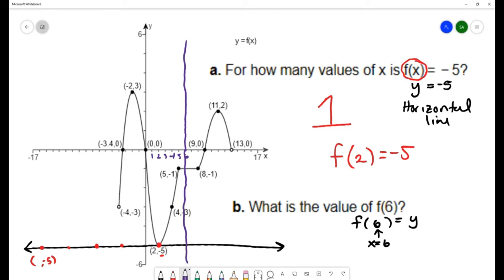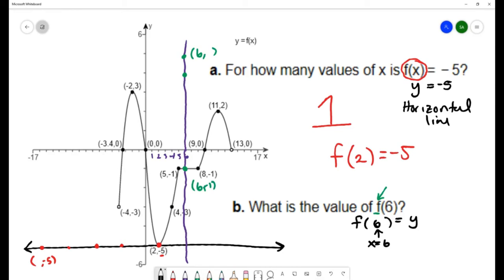And this vertical line represents all of the ordered pairs that have an x-coordinate of 6. But we're really only interested in the ones on the graph in f of 6. So we only have one that's on the graph here. That ordered pair is (6, -1).